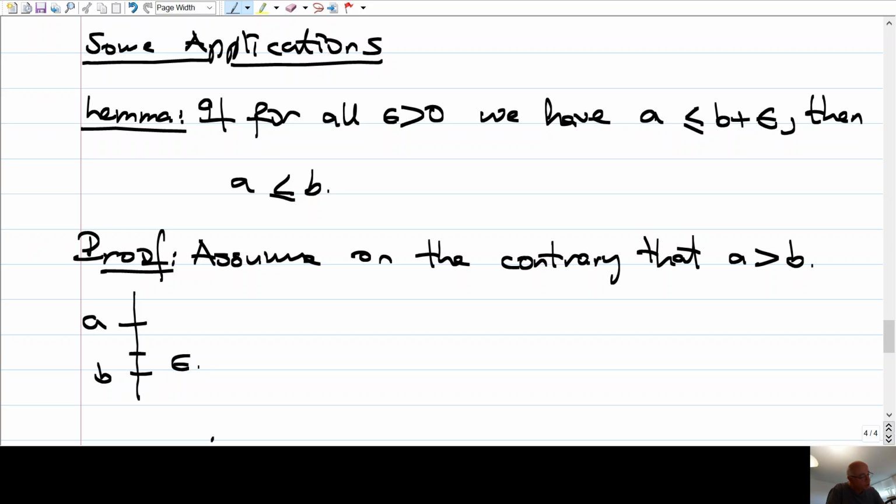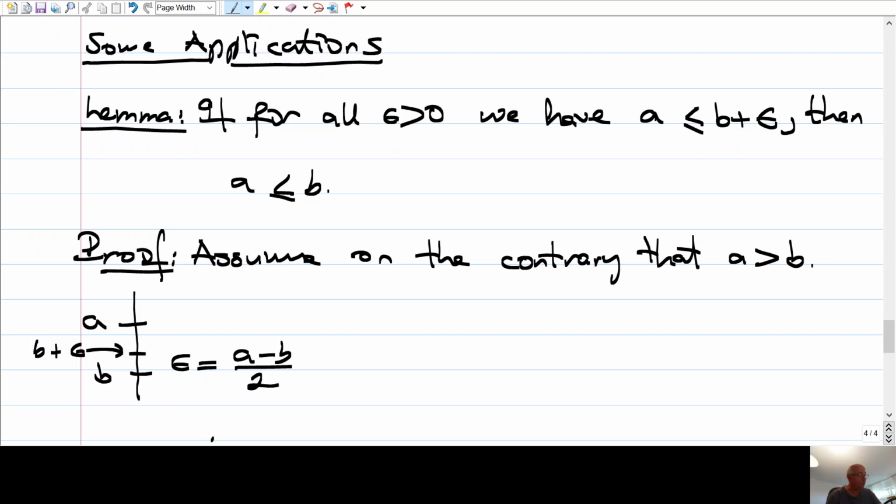So let me just choose this epsilon to be A minus B over 2. Then B plus epsilon will be less than A, and that's a contradiction to this assumption.